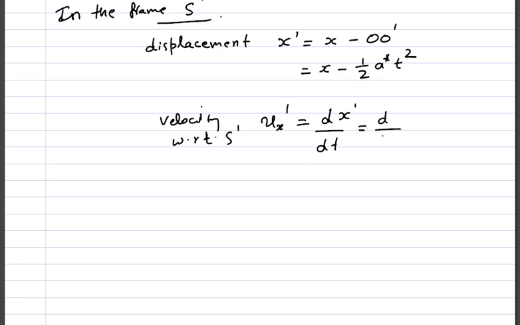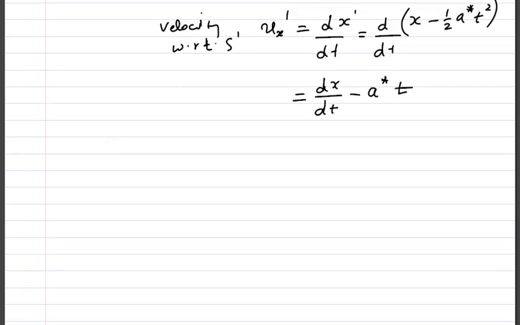So d by dt of x minus half a star t square, and that is dx by dt minus a star t. Hope you remember how to differentiate. Don't make mistakes here, never.